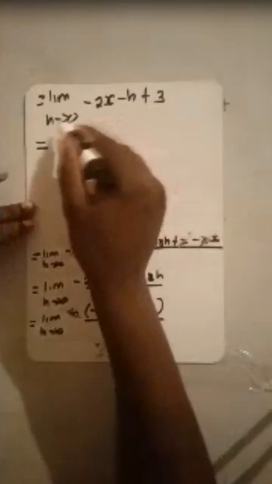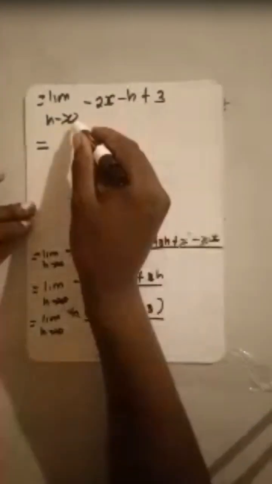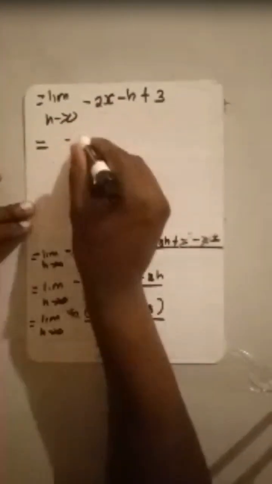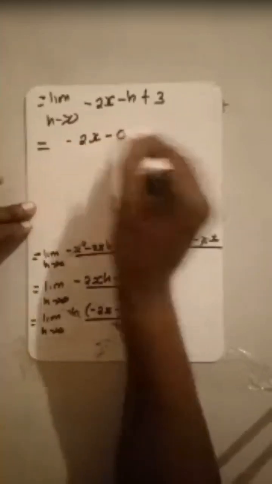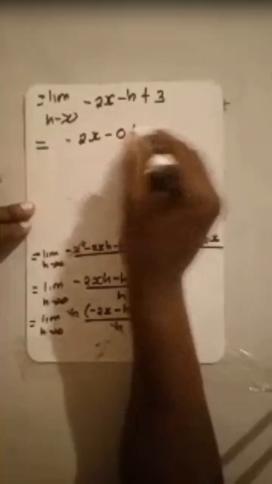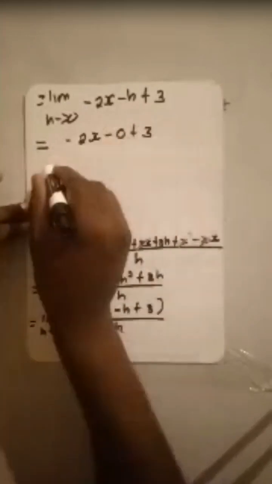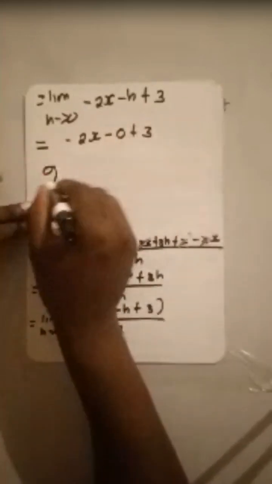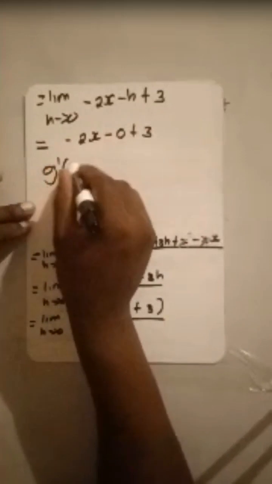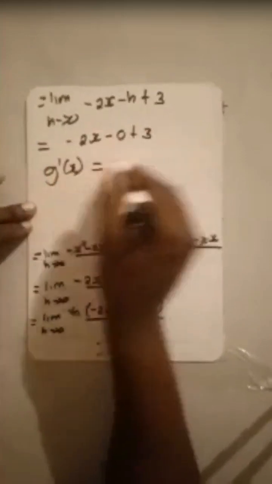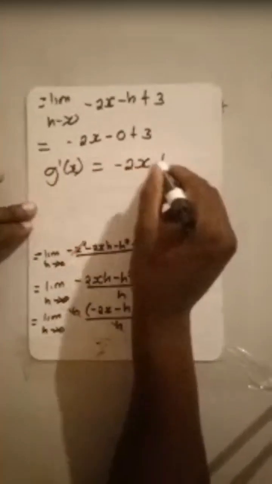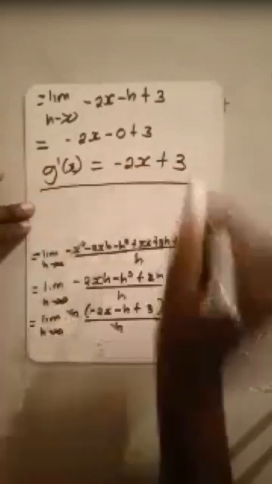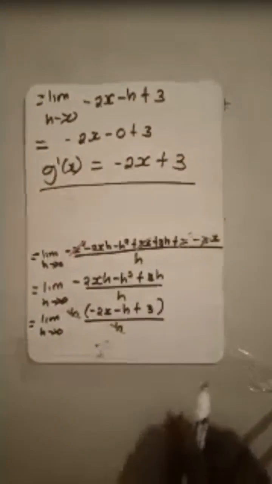Then now, where there's h, I'm going to substitute by 0. So negative 2x minus 0 plus 3. Then it means the derivative of g is equal to negative 2x plus 3. That will be the answer.